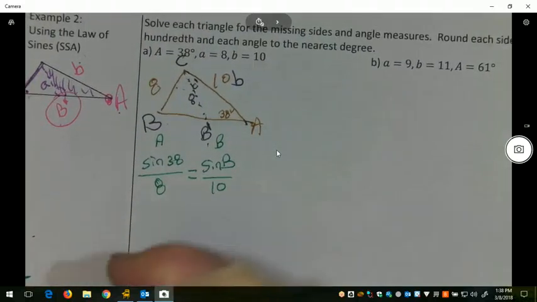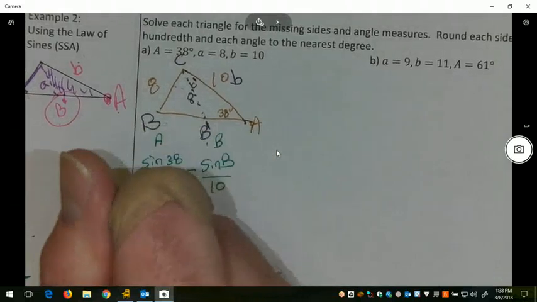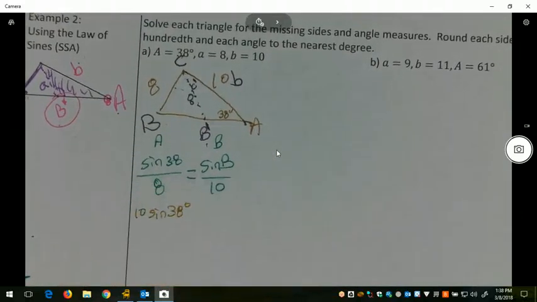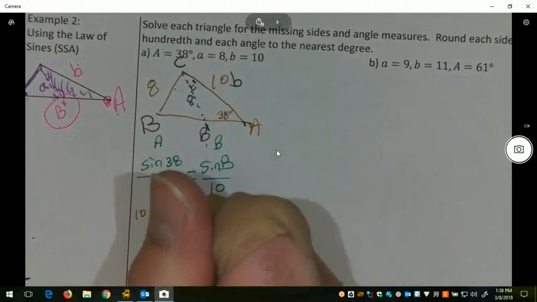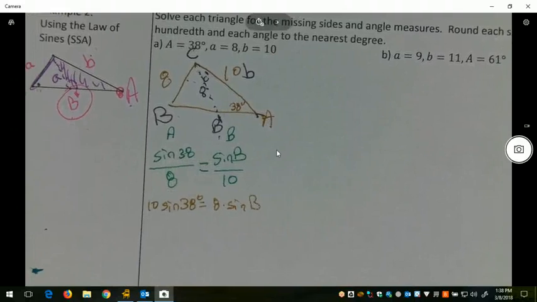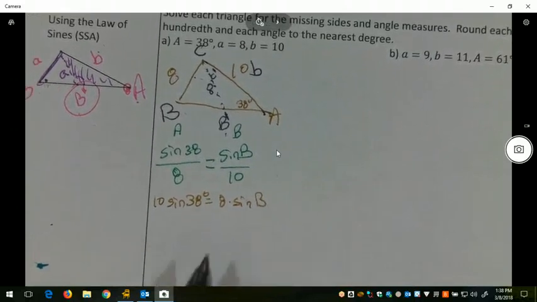And so in doing this, I'm going to cross multiply. This is going to give me 10 times sine of 38 degrees equals 8 times sine of B. And our job is to solve for angle B. So we're going to divide by 8.